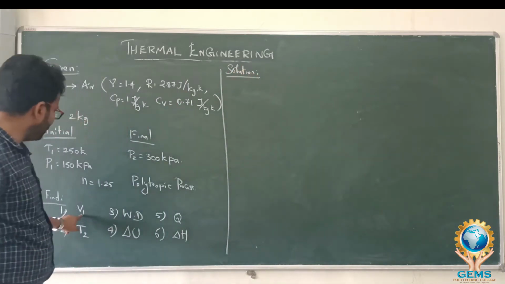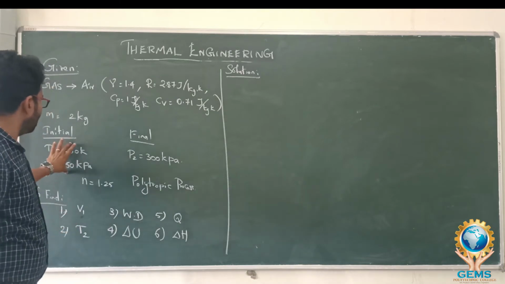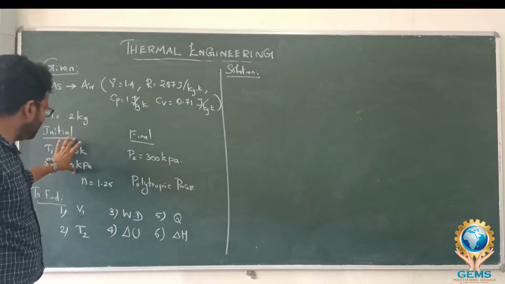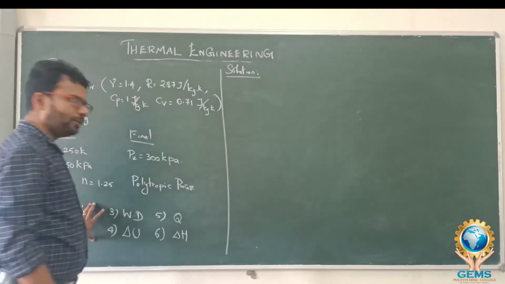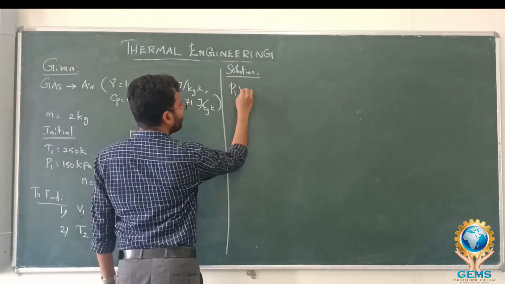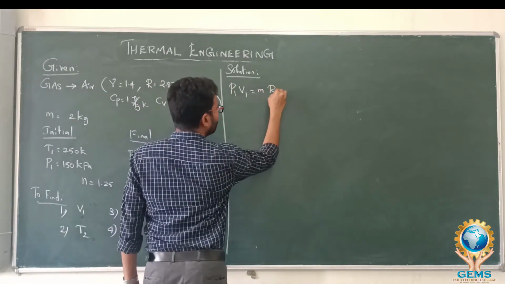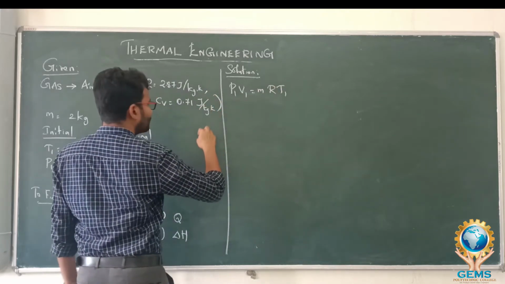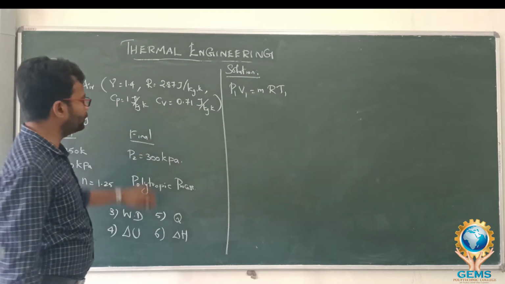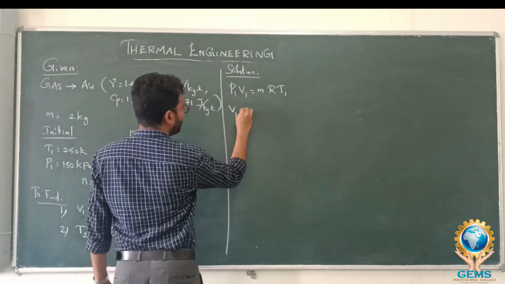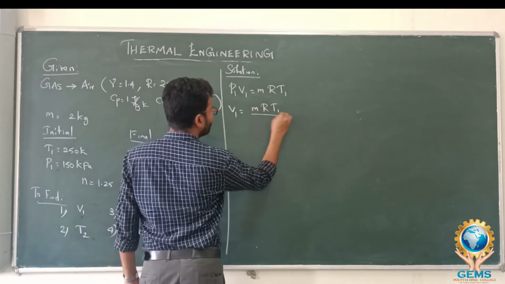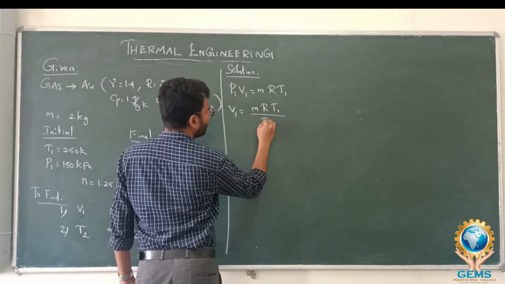First thing, we are going to find out the V1 value. These gases are ideal gases. Whenever you are going to find the initial condition, we can use the normal ideal gas formula, P1 V1 is equal to m R T1. Since T1, P1 and m values are given and R value you know, only V1 we have to find. So V1 is equal to m R T1 divided by P1.